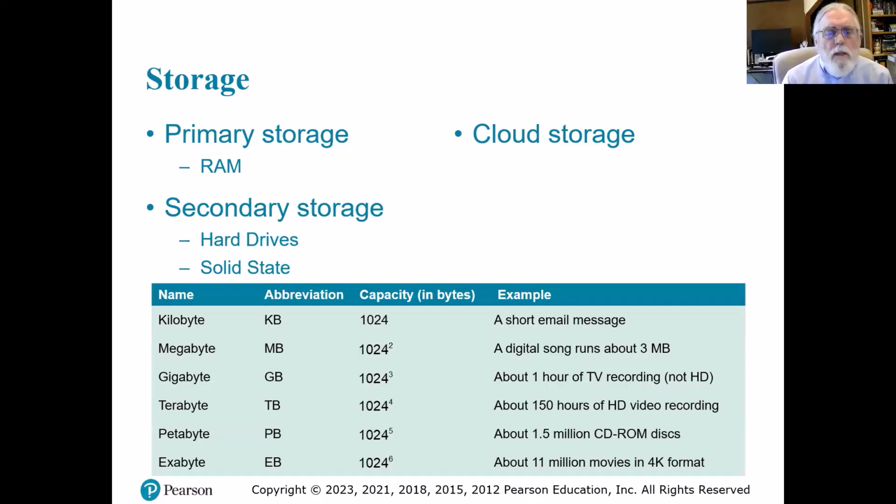So one of the things that gets talked a lot about, and what I like what the author did here, is to put some context to when you hear terms, kilobytes, megabytes, gigabytes, exabytes. Okay, that's a number of digital bits that are stored.